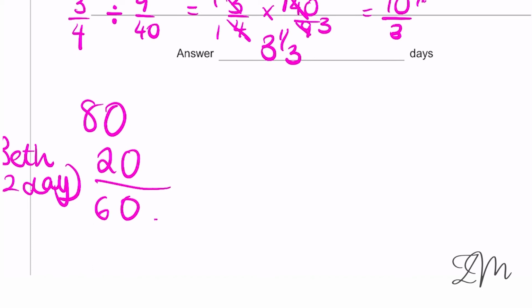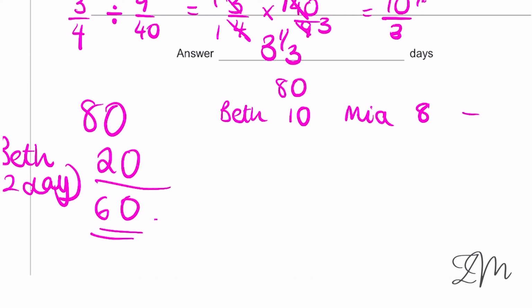Okay, so out of those 60, each day, well, we said there's 80 to start with. So Beth every day can do 10. And Mia every day can do 8.